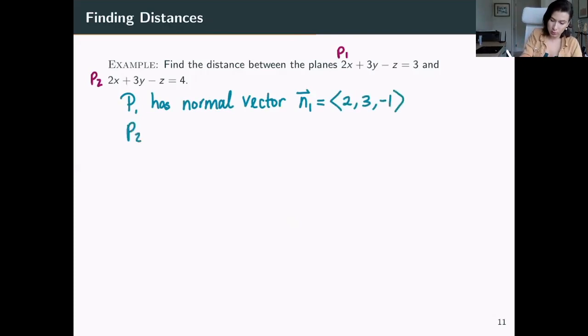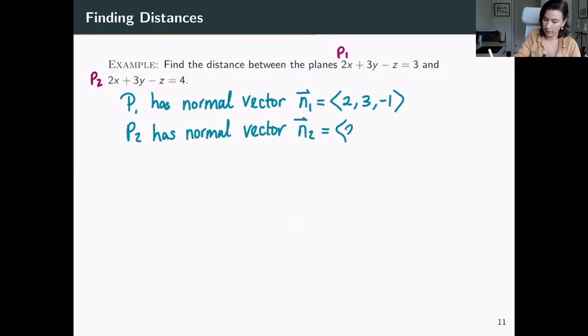And P2 would have a normal vector, and we can do the exact same process, n2, which is going to be equal to, we look at the coefficients, 2, 3, -1. So in this case, we have that P1 and P2 are parallel.